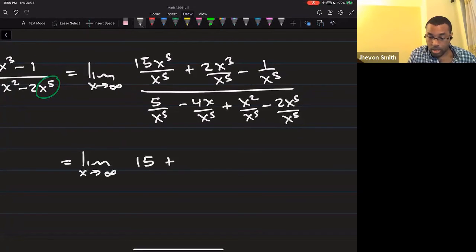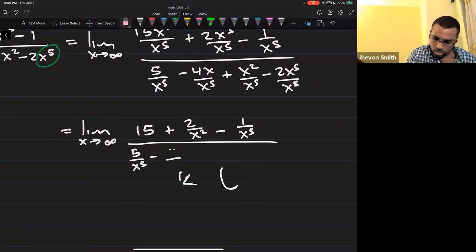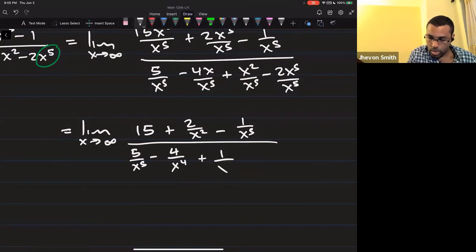That's going to be 15 plus 2 over x squared minus 1 over x to the 5th, over 5 over x to the 5th minus 4 over x to the 4th plus 1 over x cubed minus 2.